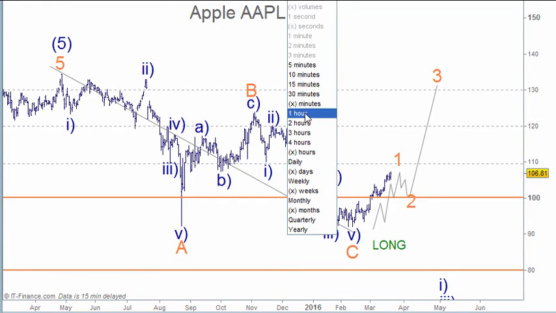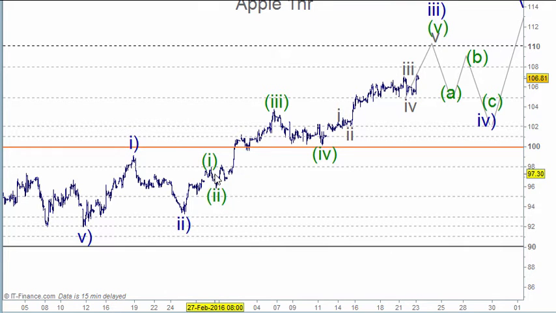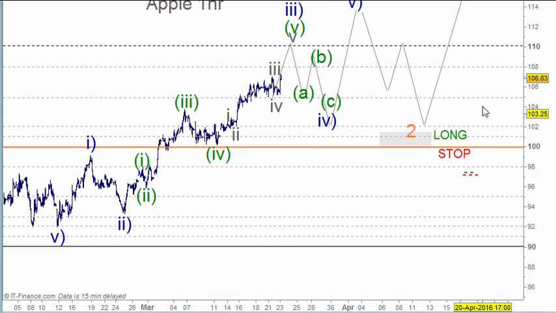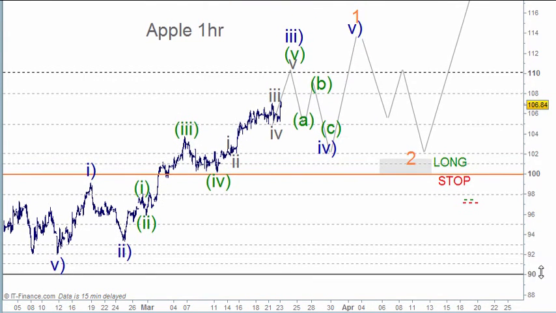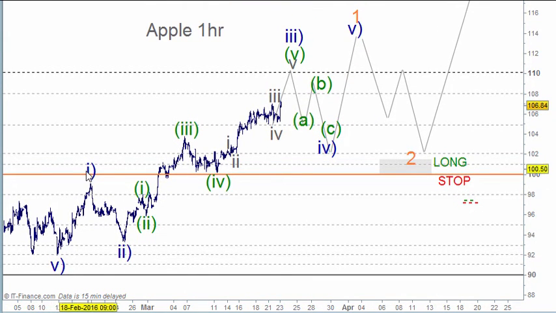So on the hourly chart here, we're looking for 5 waves up, the same as the S&P 500 and so on. So basically wave 1 here, wave 2 here, and then 1 and 2 and 3 and 4 and 5. I know it's very hard to read, but yeah.